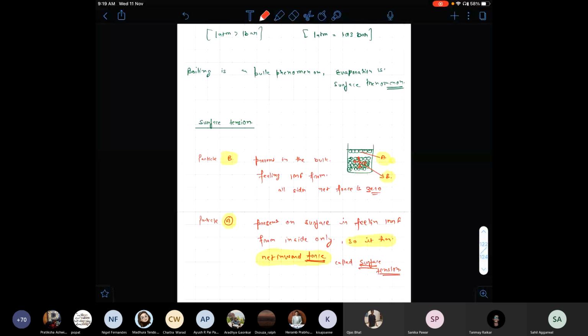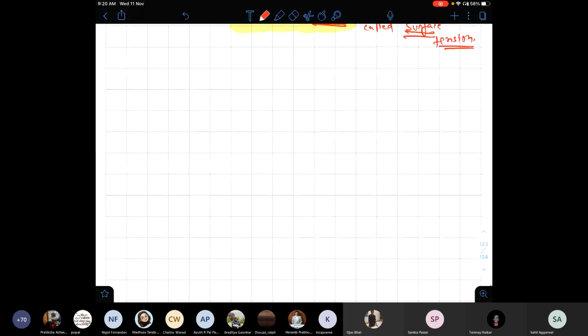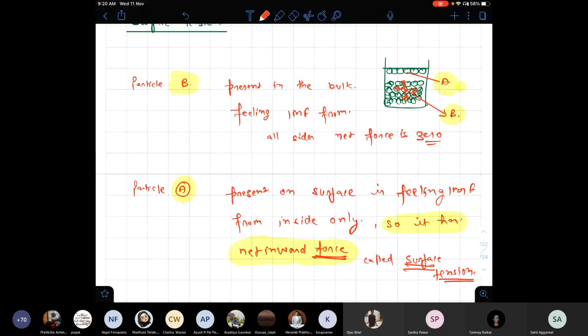Particle A present on the surface is feeling intermolecular force only from inside, so it has net inward force called surface tension. Any doubt in this?